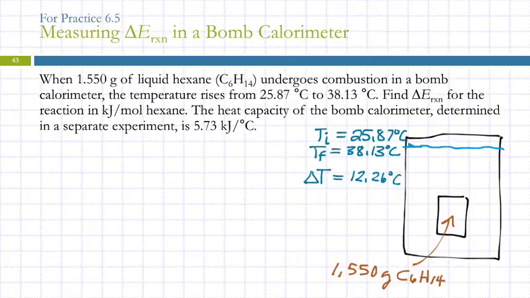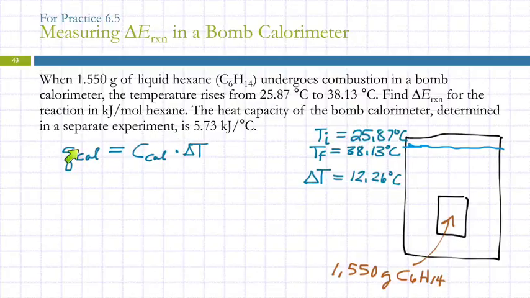We have an equation for that, right? So Q for the calorimeter is equal to the calorimeter constant times the change in temperature. We measure the change in temperature. In a separate experiment, we determined the calorimeter constant.